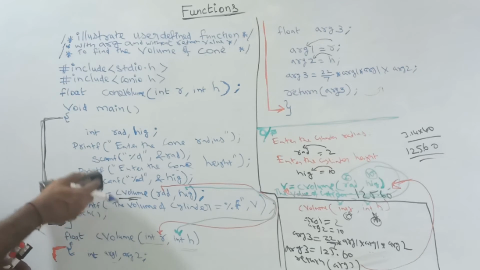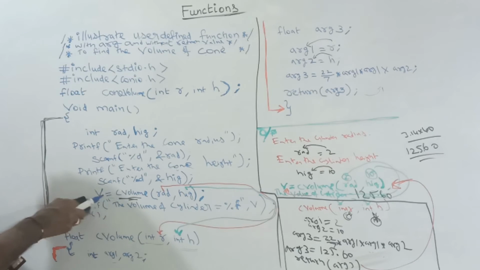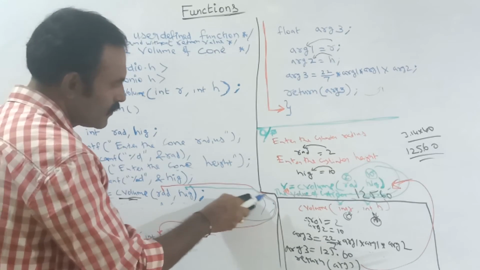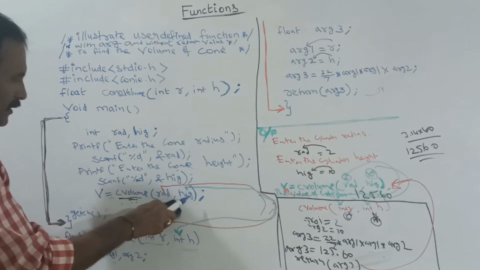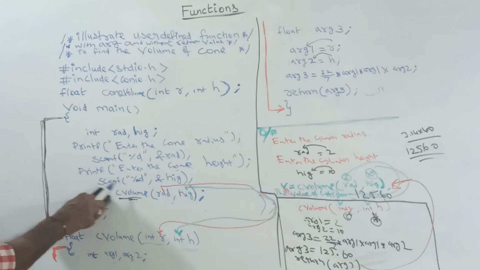Here this function is not going to return any value. So we are not going to store the return value and print that value. I am just calling the function only.